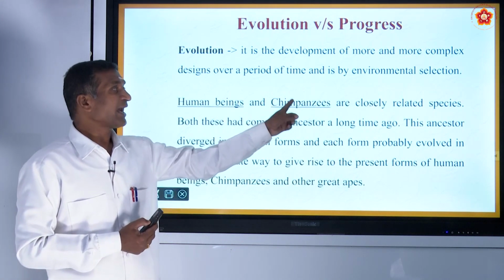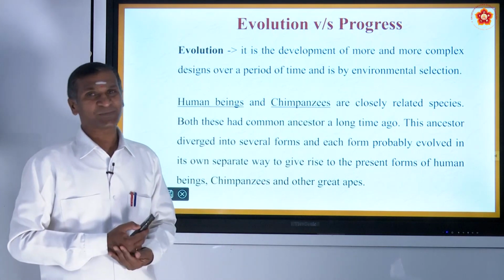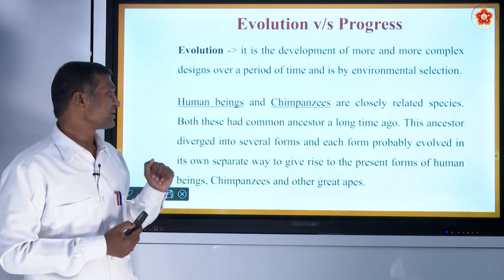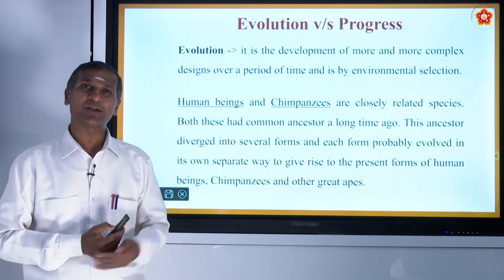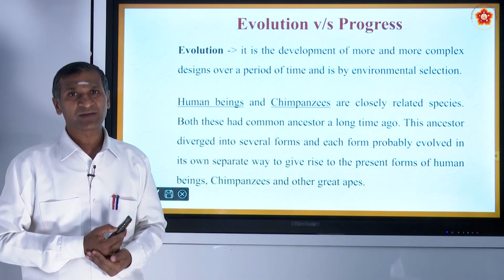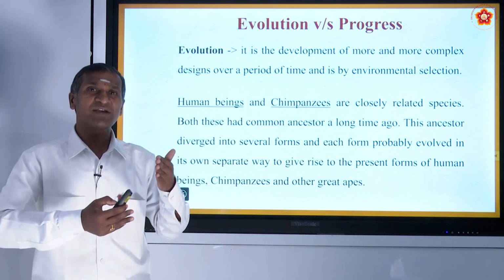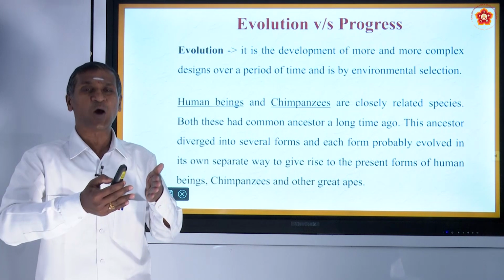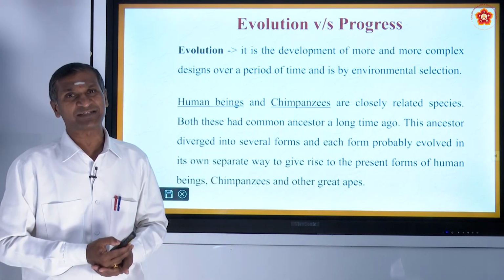Human beings and chimpanzees are closely related species, but both of them had a common ancestor a long time ago. Gradually the human beings developed certain qualities which are entirely different from the chimpanzees.